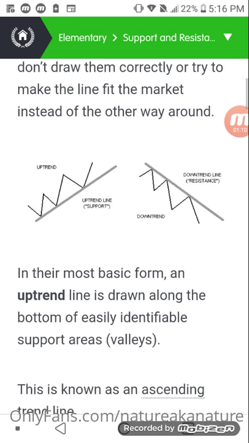So the most basic way to draw an uptrend line is to draw along the bottom of a support area. That's how you draw an uptrend line: you find support areas and you draw a line. Support areas are also known as valleys, and resistance areas are also known as peaks.